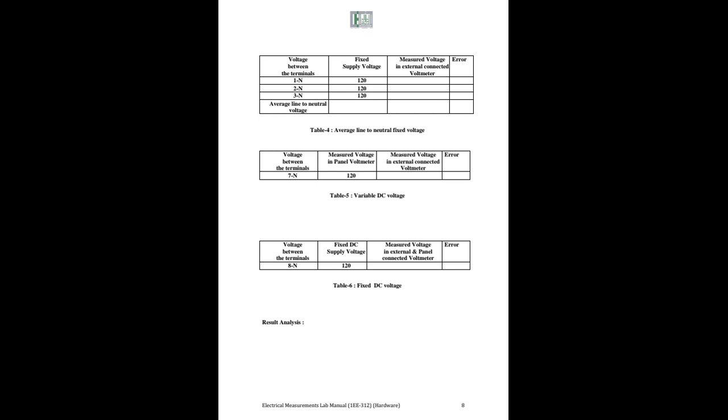We will apply 120 volts, measure the voltage and calculate the error. Same like this, we will connect a voltmeter between 7 and n, we will apply 120 volts, and measure the actual voltage and error. This will be repeated till we connect the voltmeter between 8 and 10. Okay, so this will be fixed DC voltage and this will be variable DC voltage.